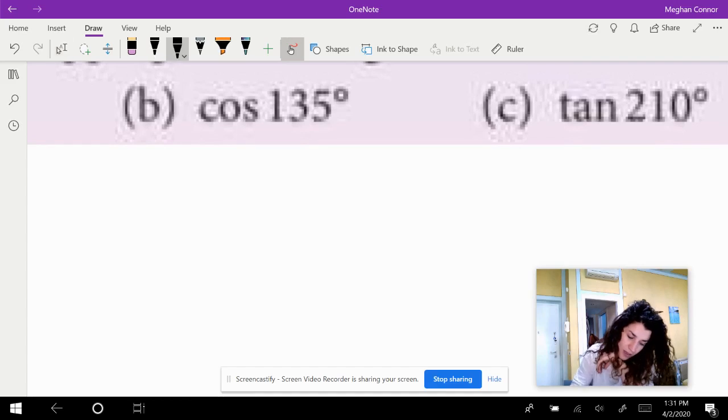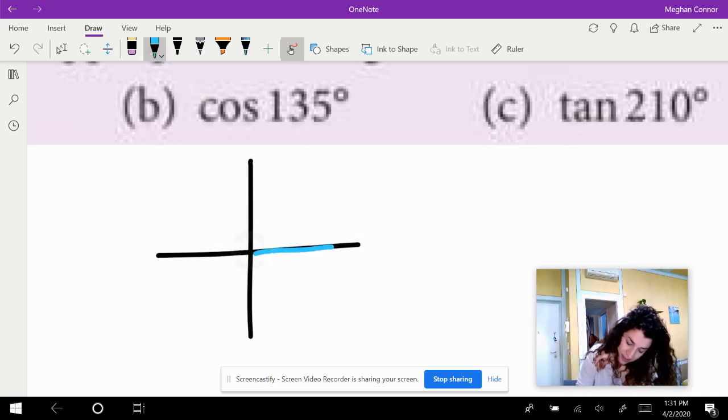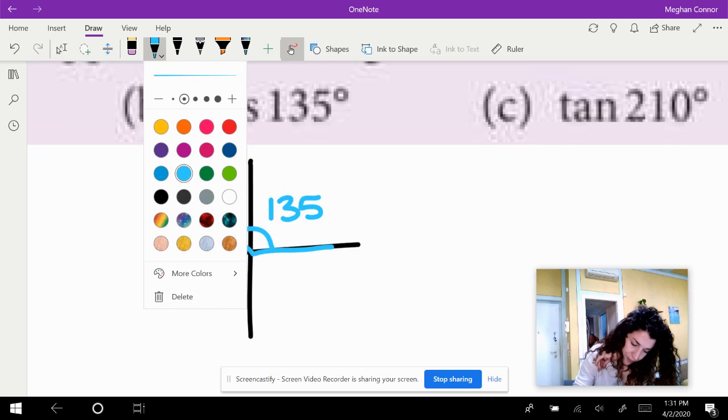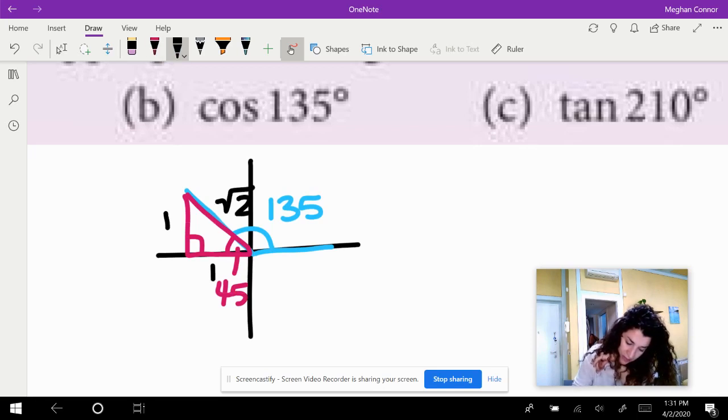Cosine of 135. We get to build it again. We've already done it once. I know that my remaining angle is 45. That would make this 1 square root of 2. This guy is going to be negative because it's going in the negative direction of our x and y coordinate plane.